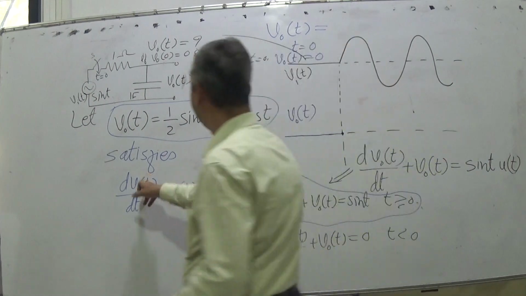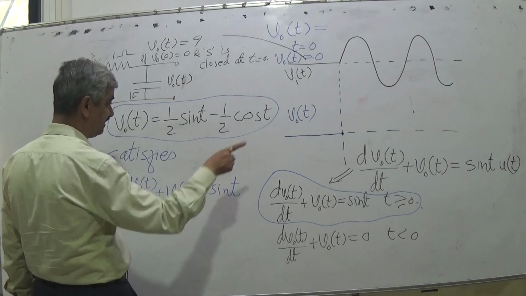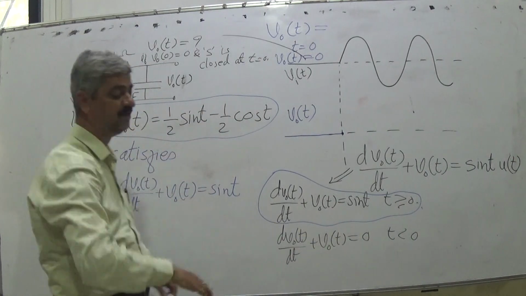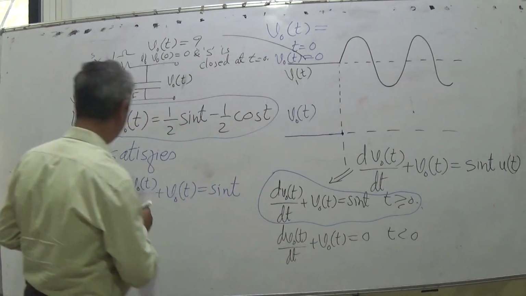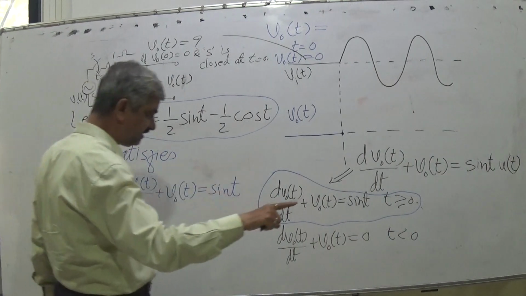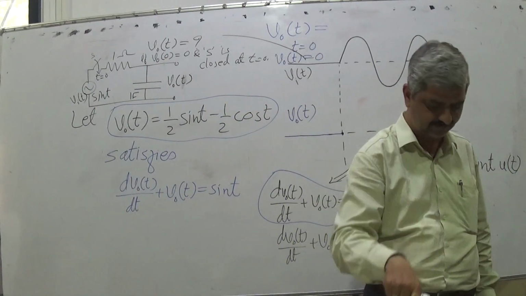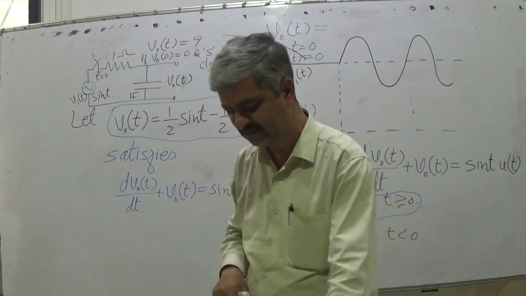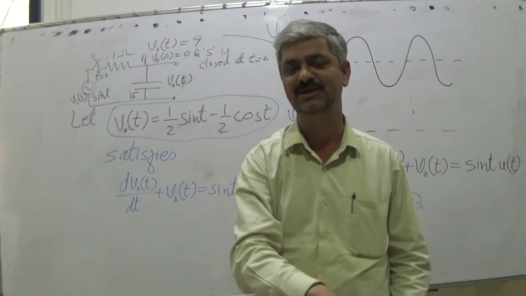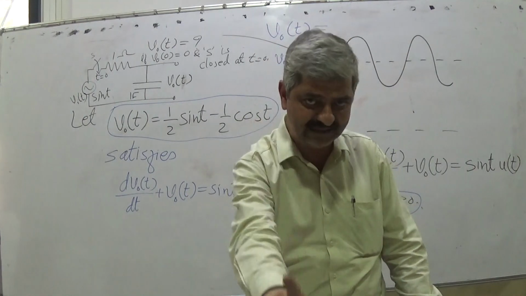It is dVOT by dt plus VOT equal to sin t u(t), and before that it is 0, and voltage across a capacitor cannot change instantaneously. Therefore the system gets fully described. Listen very carefully. A differential equation is not a complete description of the system. A differential equation along with the initial condition is a complete description of the system.